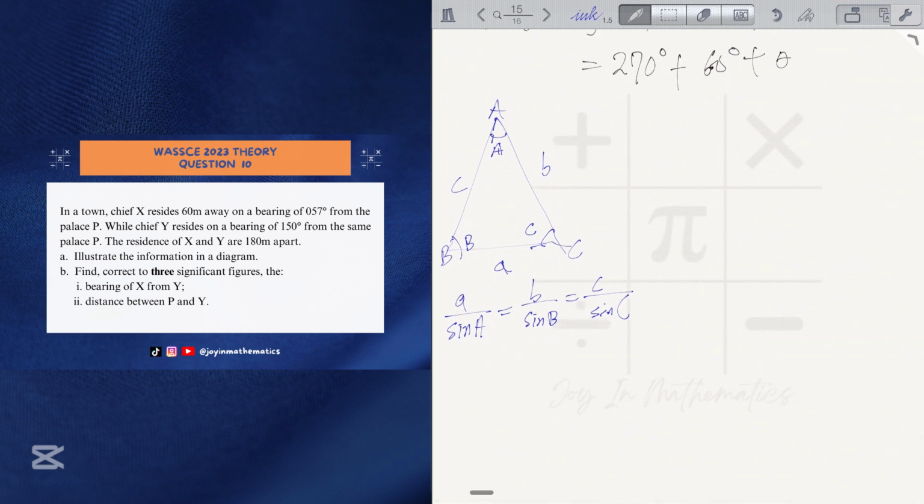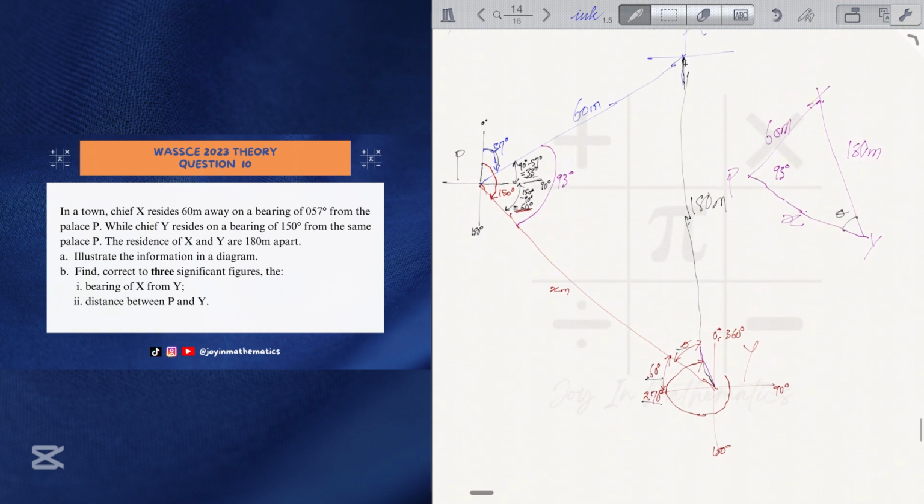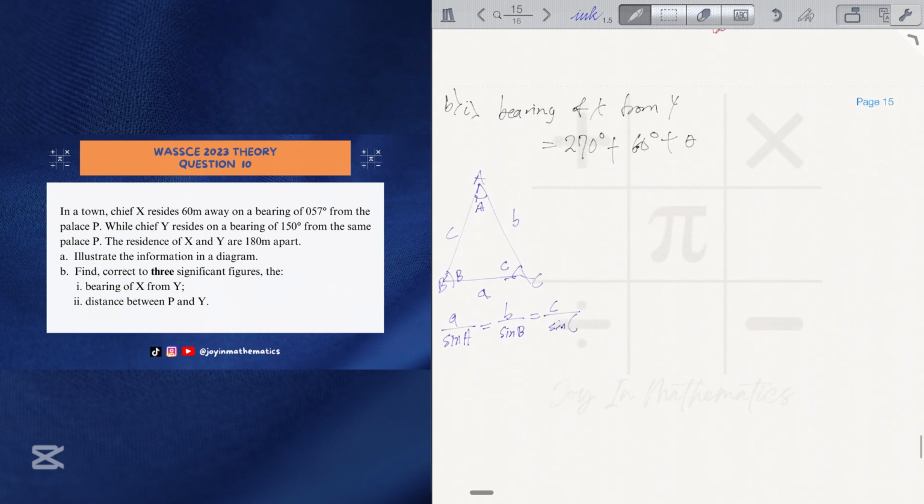Now, without further ado, let's replicate this triangle, this diagram that we have here. So let's replicate this x, y, and p. We have something like this: p going to x, p going to y, x coming to y. The distance between x and y is 180 meters.